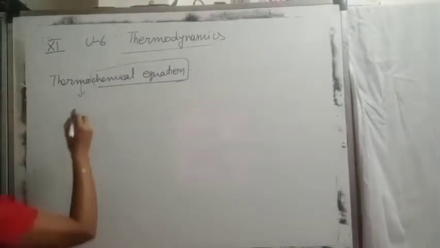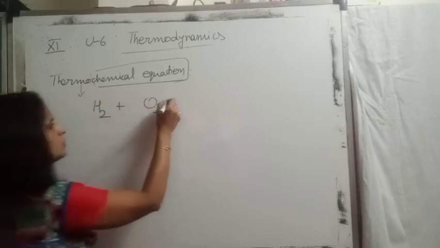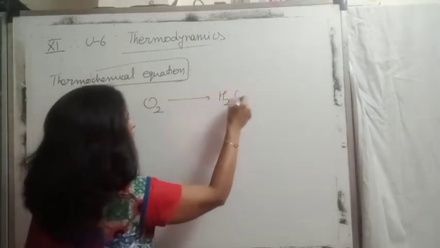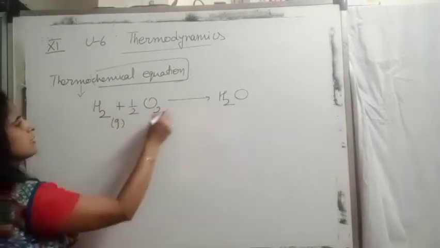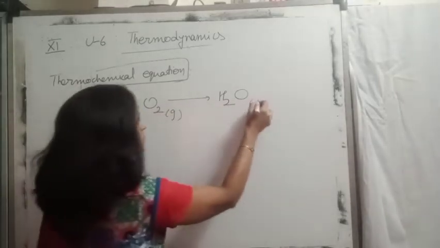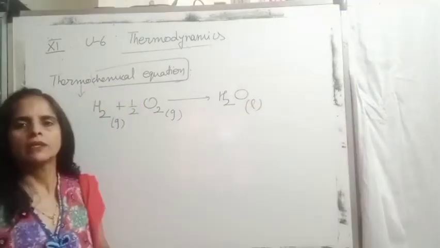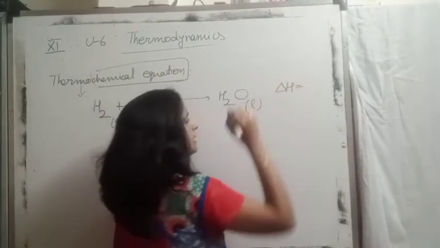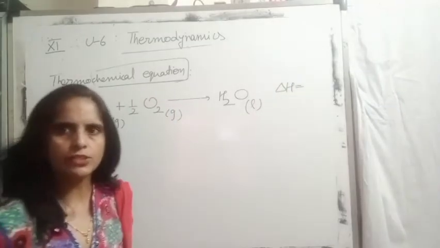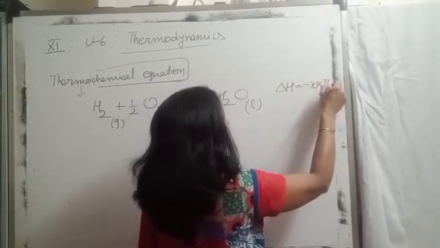How do we represent it? Just take example. H2 plus O2 gives H2O. First we balance this equation, then indicate the physical states also. Now, if I am writing, suppose the delta H enthalpy change for the reaction is minus X kilojoule per mole.